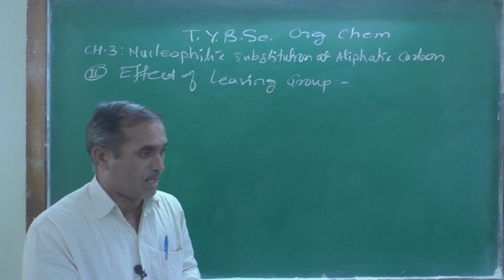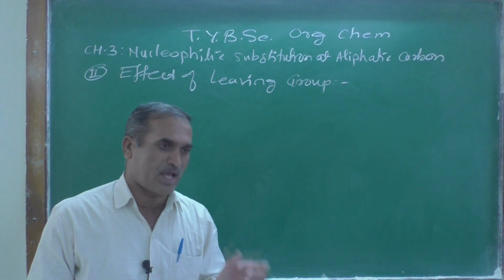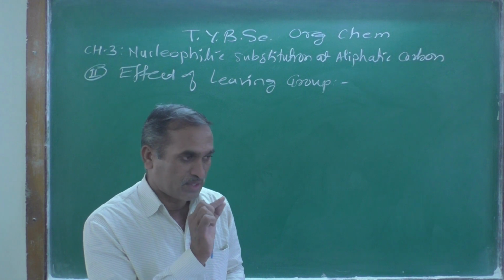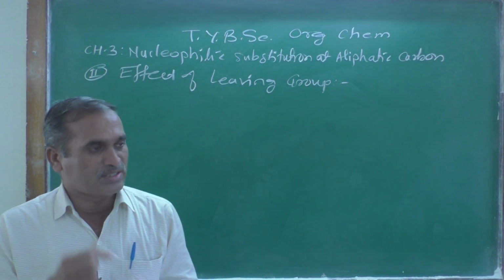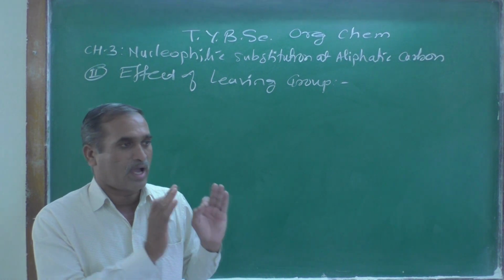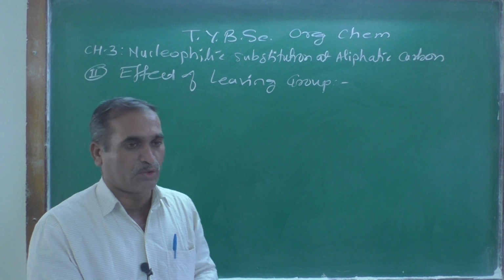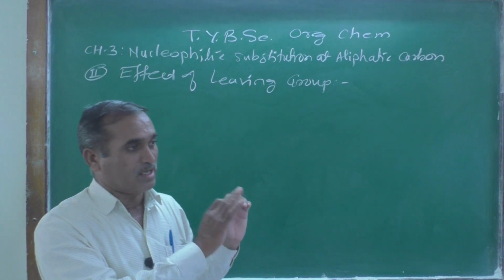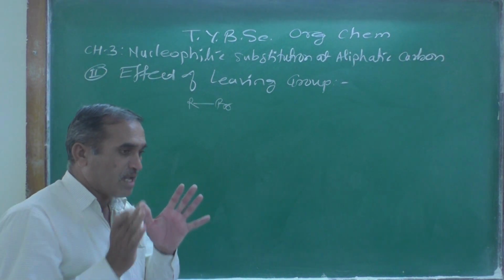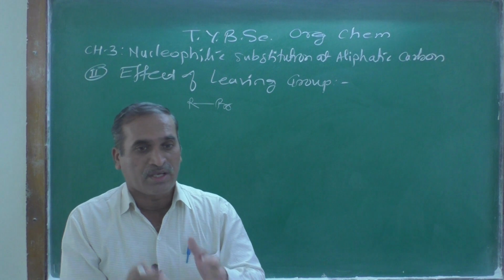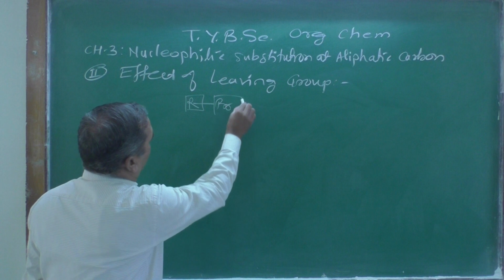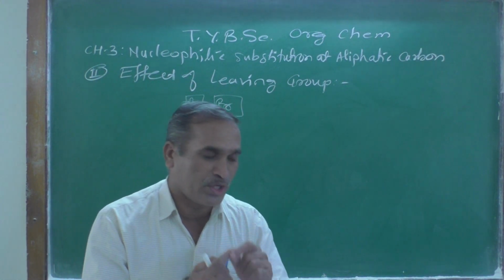while studying the SN1 reaction and SN2 reaction, the leaving group, what do you observe there? In the general reaction we have considered here, R-Br, the substrate has two parts. One is an alkyl part and the second one is a leaving group.